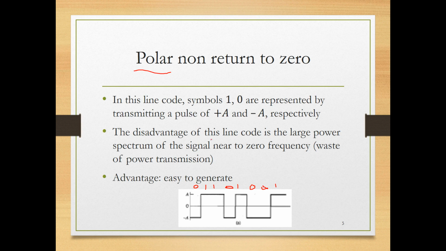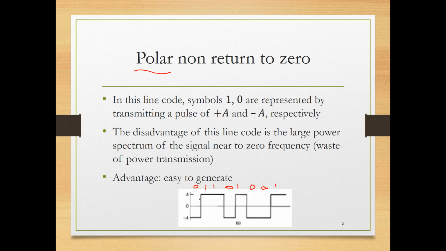What's the disadvantage of this line code? It is the large power spectrum of the signal near 0. Now when you take this code and find the Fourier transform of it, you will find that you will have a spectrum component around 0, and this is large.